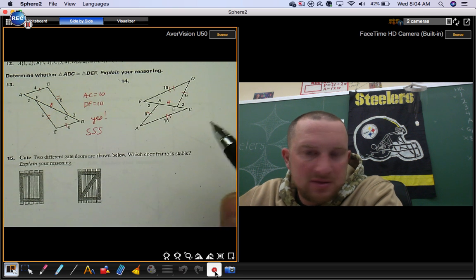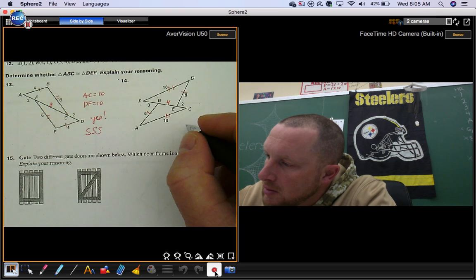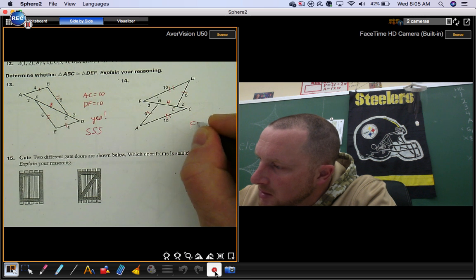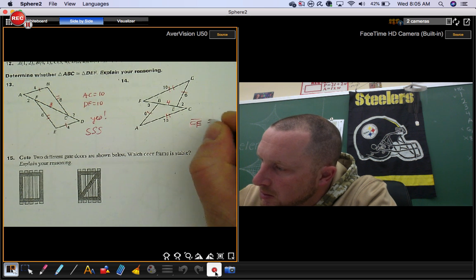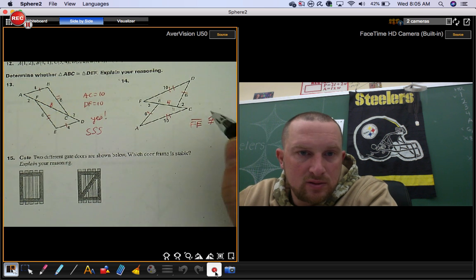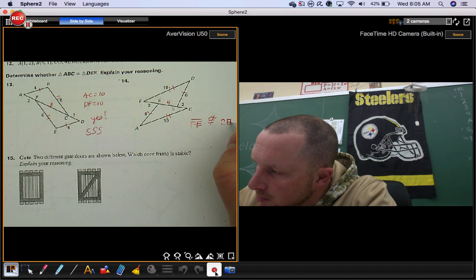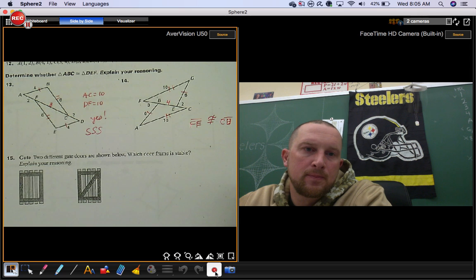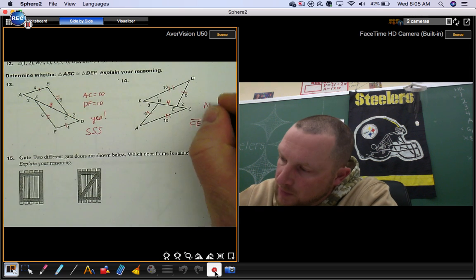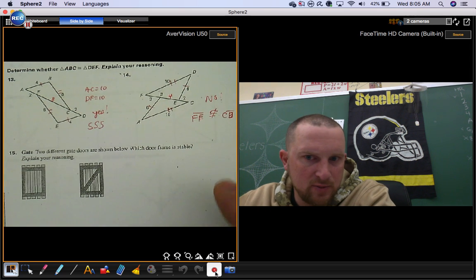Those don't match. So I'm going to say segment FE is not congruent to segment CB. So the triangles are not congruent because you don't have three pairs of congruent sides, you only got two.